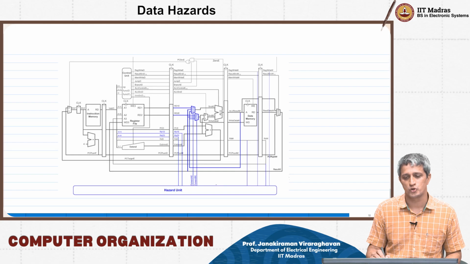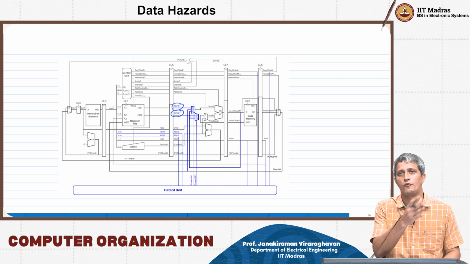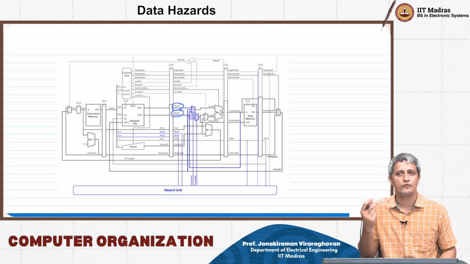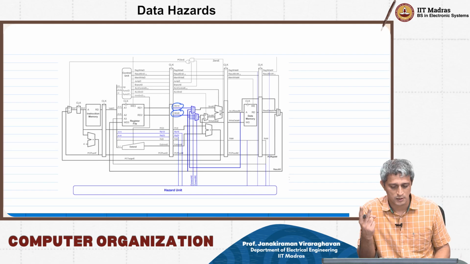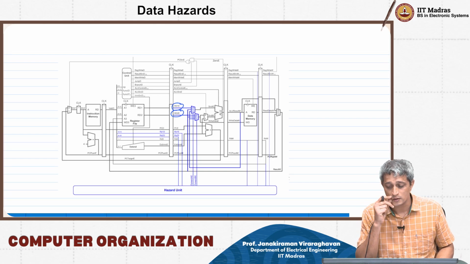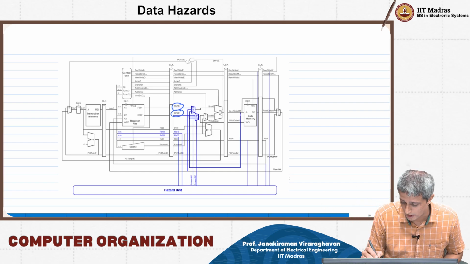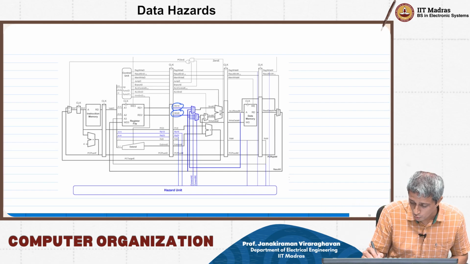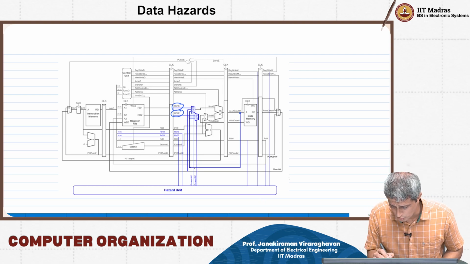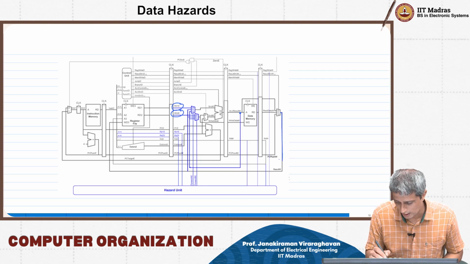And what are the inputs to this? Obviously one of the inputs is going to come from the register read from the register file. The other inputs, we are going to choose between two cases. One is either the output of the execution unit, or the output of the data memory read operation. So we are looking at ALU result M as one of the inputs, or we are looking at the data from this whole write back phase.